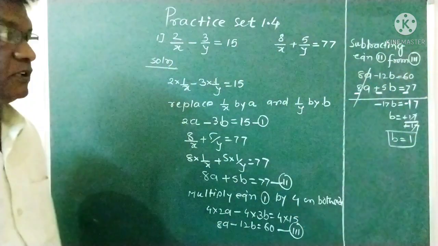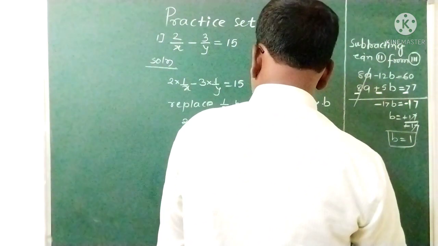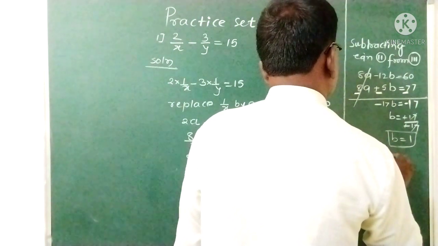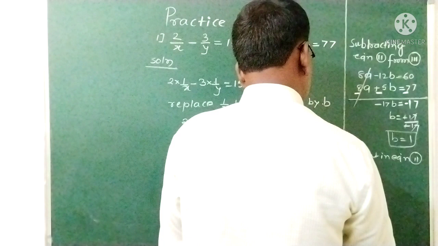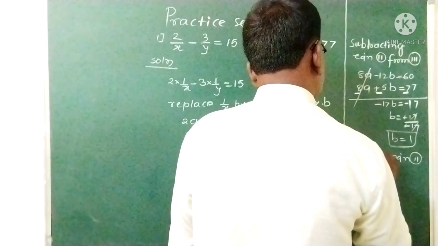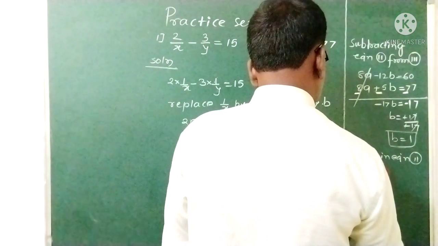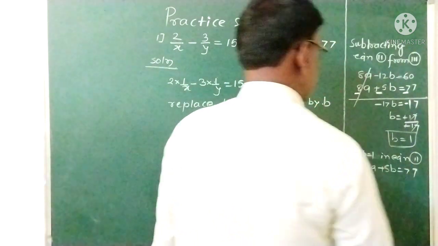You substitute this value in any equation, put it in equation 2. Put b equal to 1 in equation 2. What is equation 2? 8a plus 5b is equal to 77.